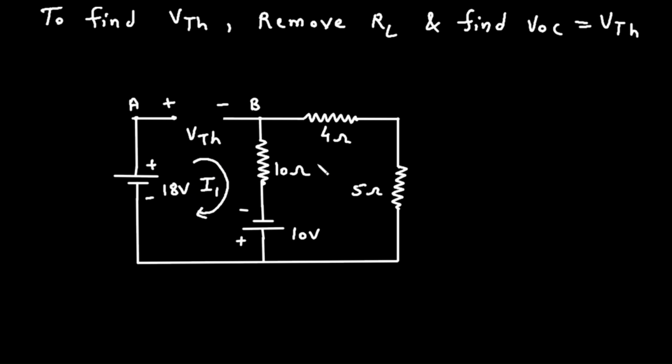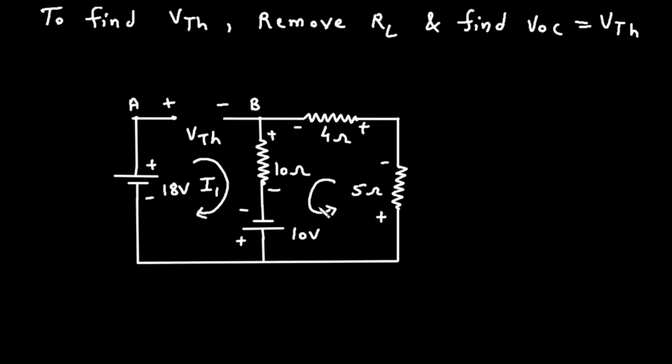So let's say this current is I. According to its direction, from positive to negative, it will be like this, and this will be positive, negative, positive, negative, positive, negative.